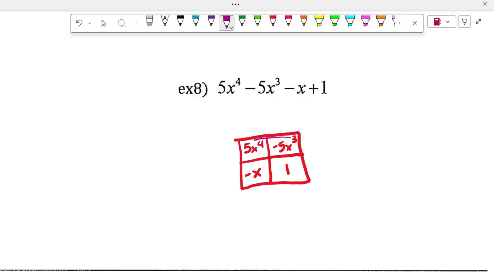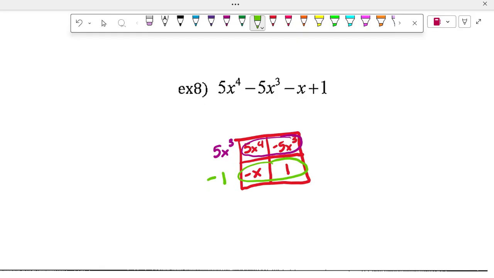Then you just go through GCF. So what's the GCF of my first row? 5x, not squared, cubed. All right. What's the GCF of my second row? And take into account what the first box sign is. -1. So since the first term is negative in the row, you have to pull out a negative.